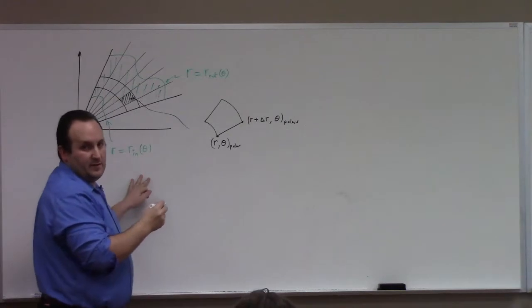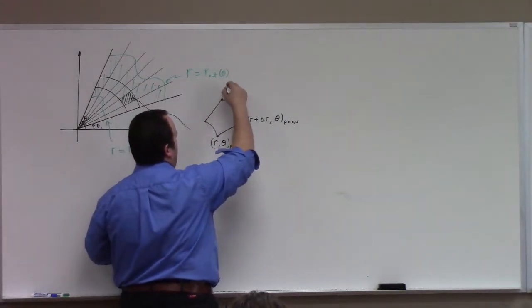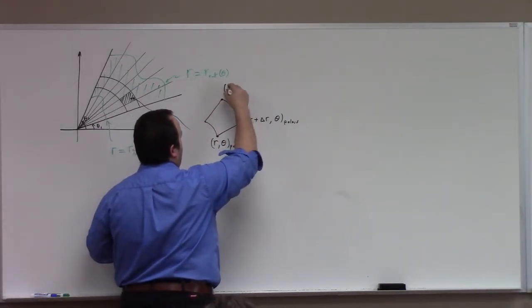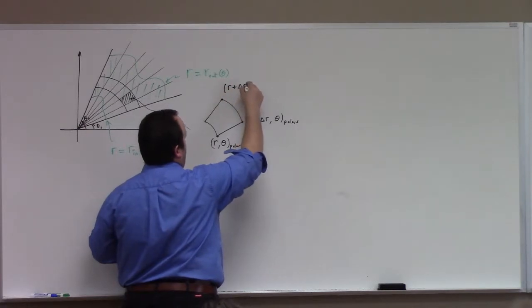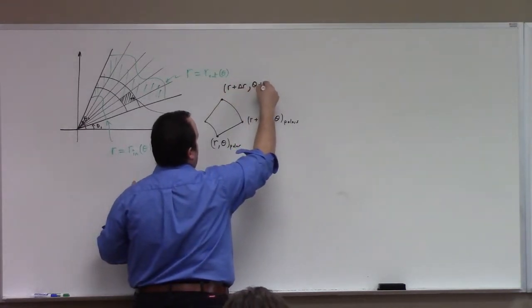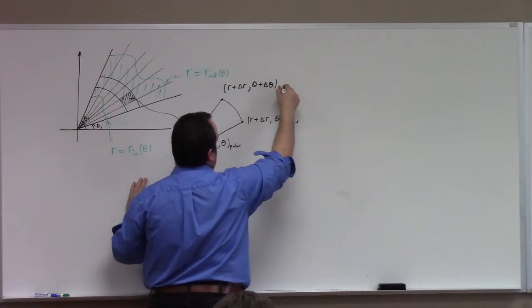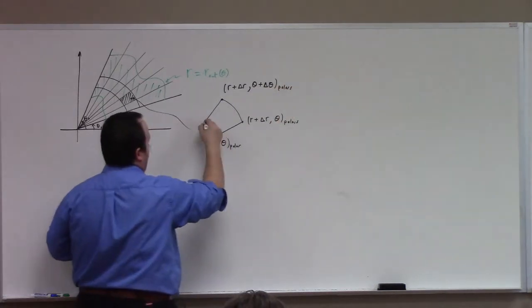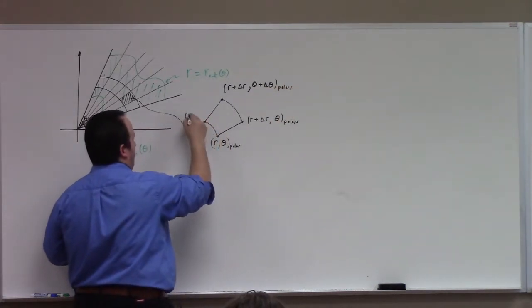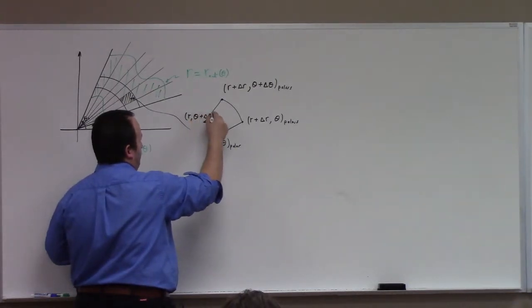This point up here would be at R plus a little R, comma, theta plus a little theta, in polars. And this again would be at R, comma, theta plus delta theta in polars.